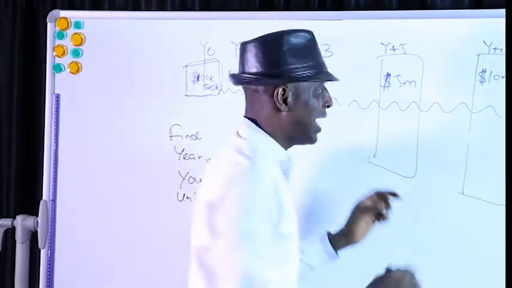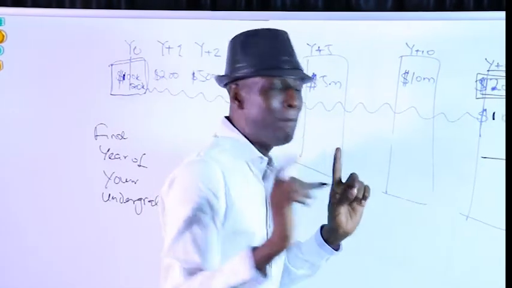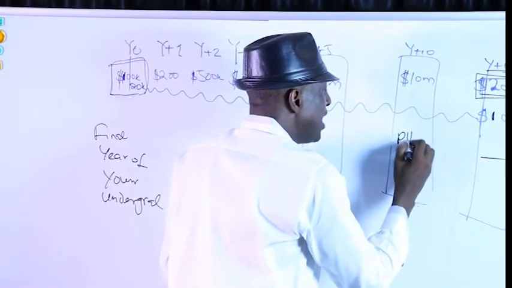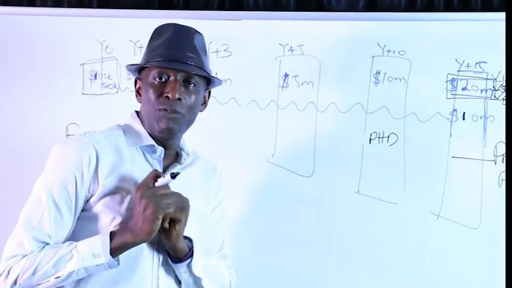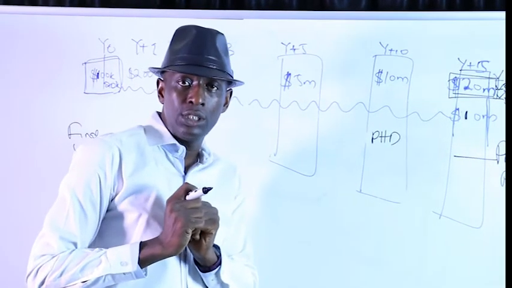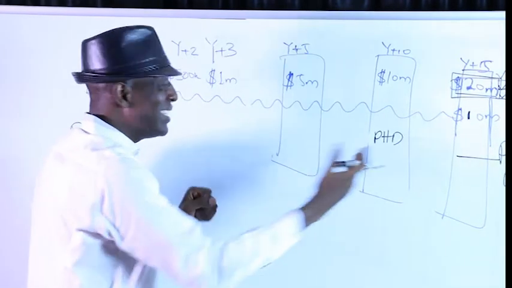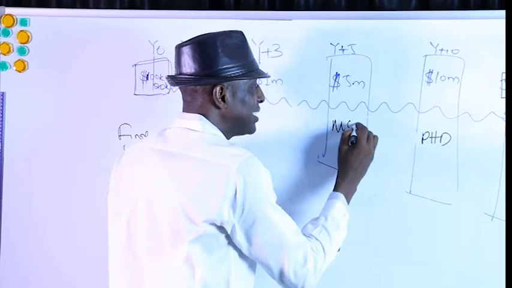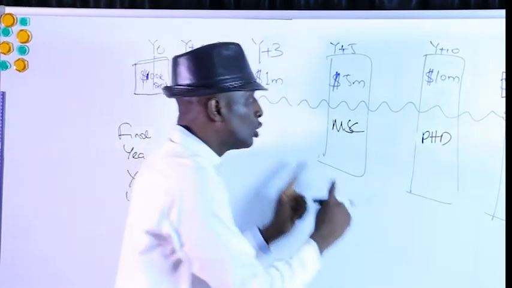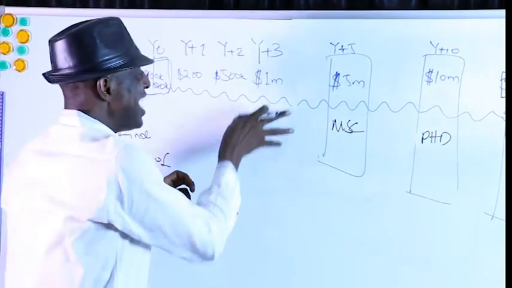What that means is that by year 10, as a minimum, you should have a PhD that can lead you to a professorial title in psychology. Correct? It then means that minimum by year 5, you should have an MSc that can lead you to a PhD. Now, year 3.